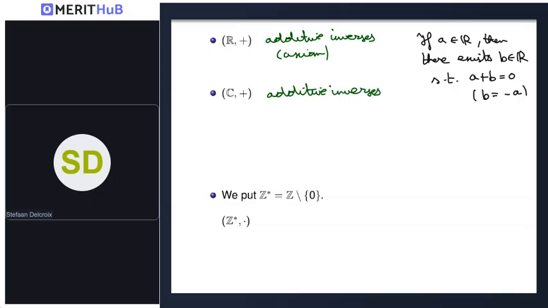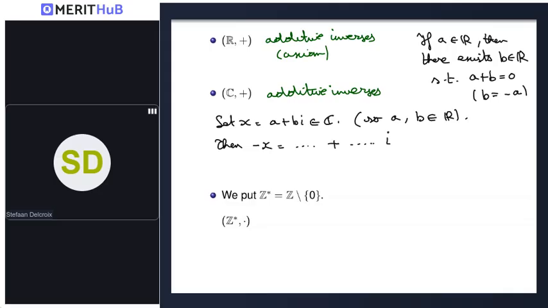Well, we have to prove it, so let x equal a plus bi be a complex number. So a and b are real numbers. Can you tell me what the opposite of x is? Now, the opposite of x is what you should add to a plus bi to get 0. In standard form, I need a real number plus a real number times i.